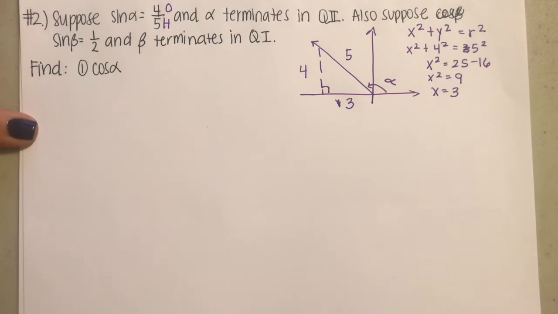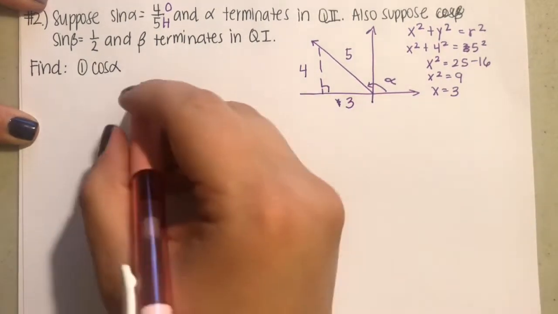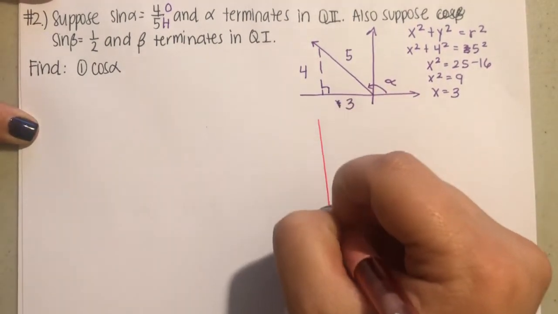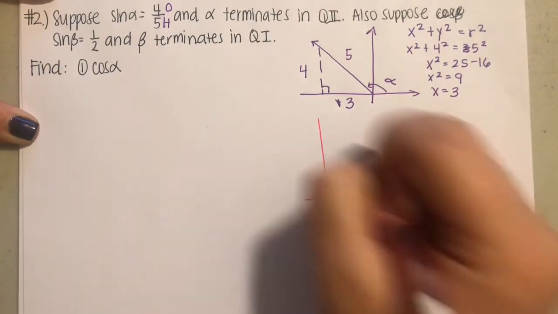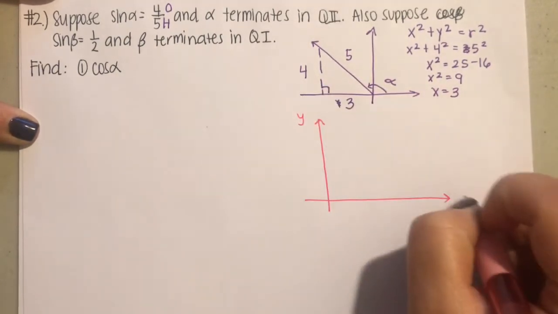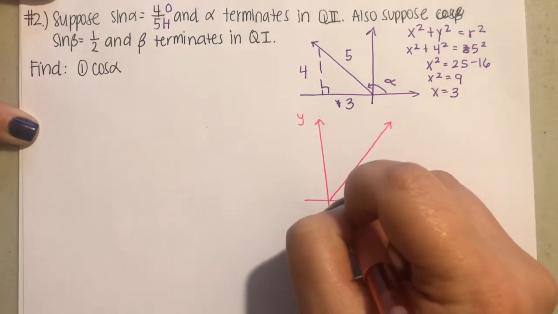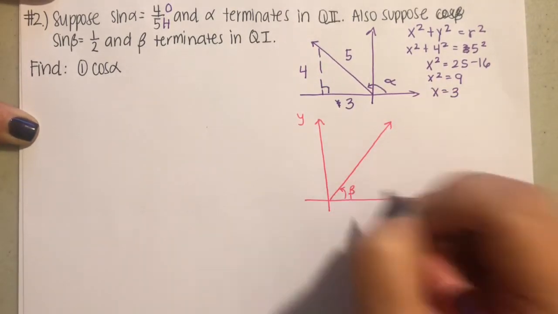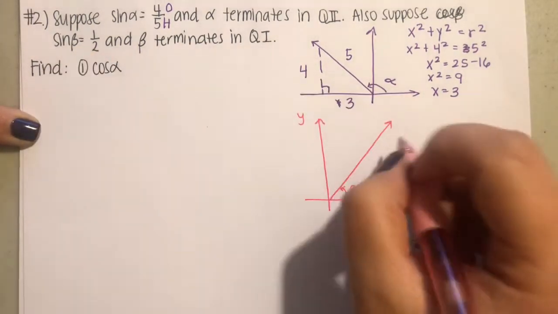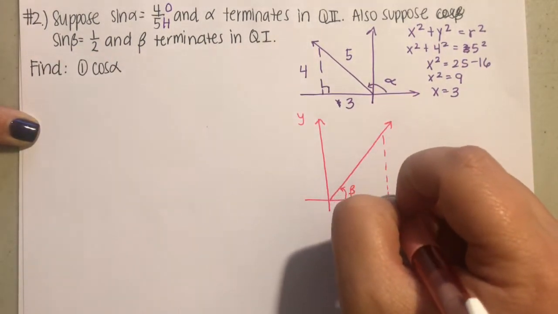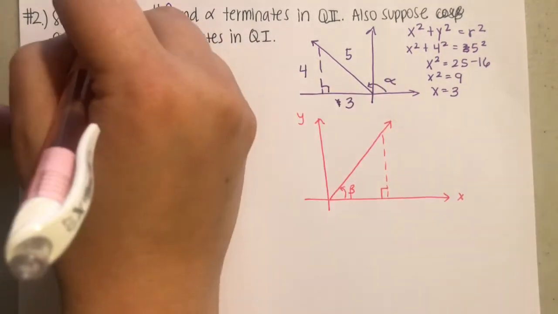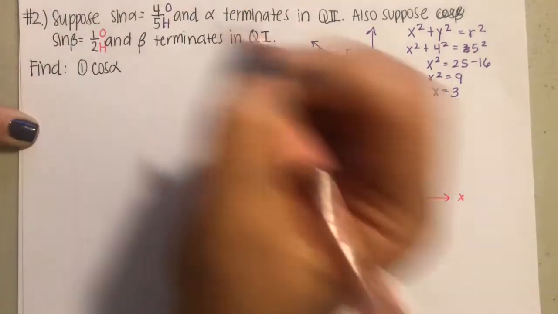Okay, we should also draw our second one, noting this one is in quadrant 1, so I'm going to draw it like this. There's our y and our x like last time. I'm going to draw it somewhere here in the middle. So this here is beta. Sine again, so let's draw this back side here. We have opposite and hypotenuse, right?